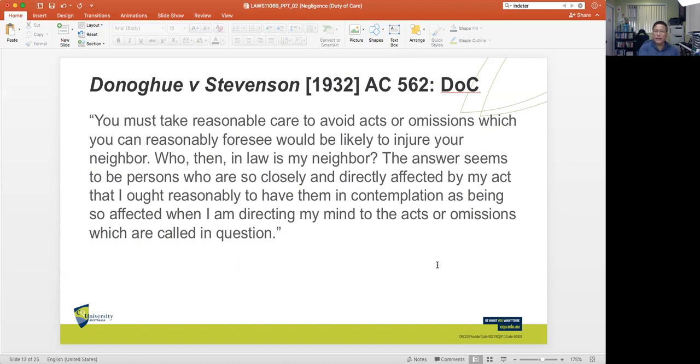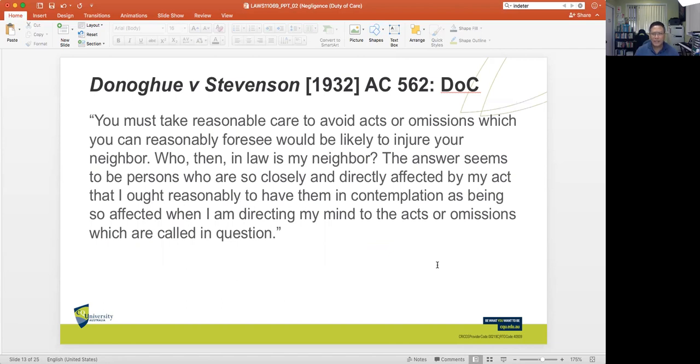So in this particular case, the House of Lords considered that the other friend to whom the ginger ale was given was a neighbor of the bar owner. And because of the actions of the bar owner in being negligent in supplying ginger ale that had a dead snail, the bar owner could be held legally liable on the basis of the tort of negligence.